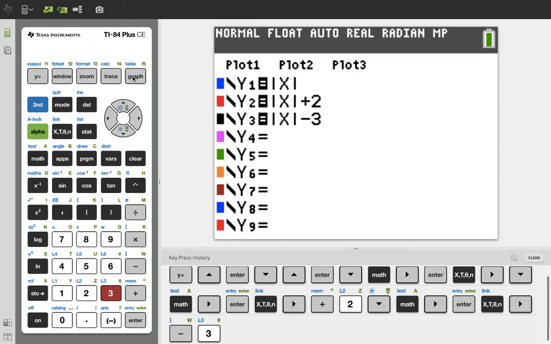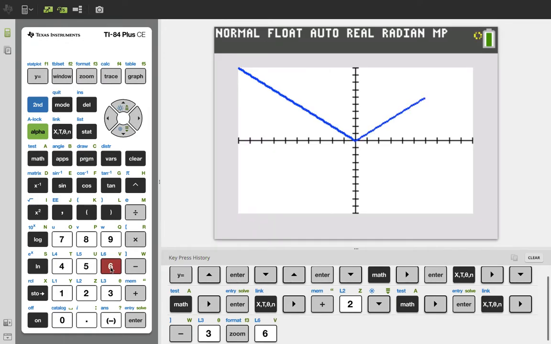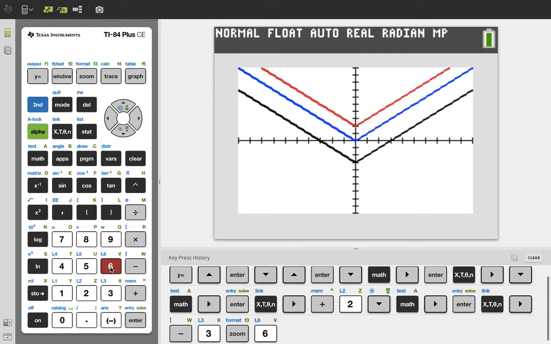Now, if your graph isn't at the normal settings, it's a good idea here to go to zoom, and then we have our standard zoom, which is number 6. So we can just hit 6, and what it does is it sets the window from -10 to 10 in both the x direction and the y direction.